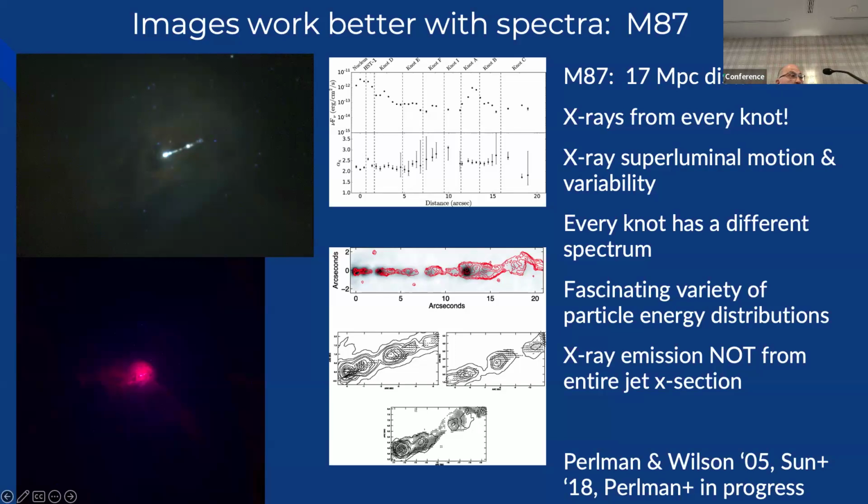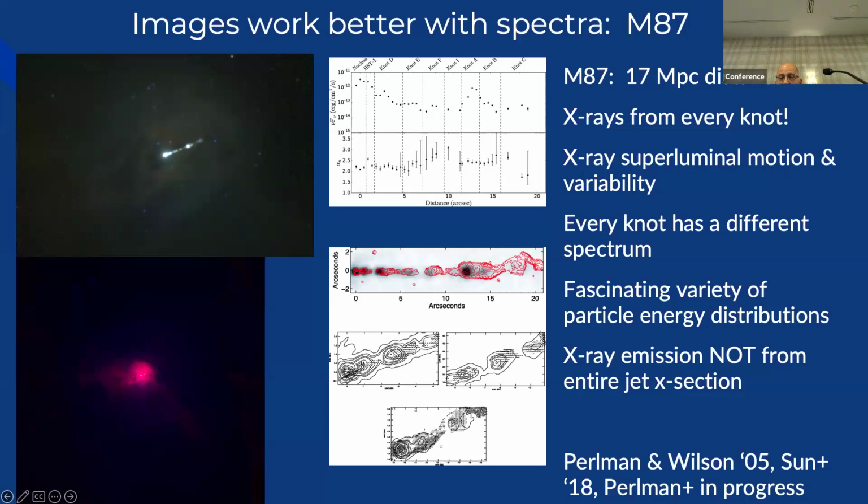You can also see point sources from the galaxy, and the bottom view is a much wider view. M87 is great because it's only 17 megaparsecs distant. We see X-rays from every knot. There is X-ray superluminal motion, and there is variability.